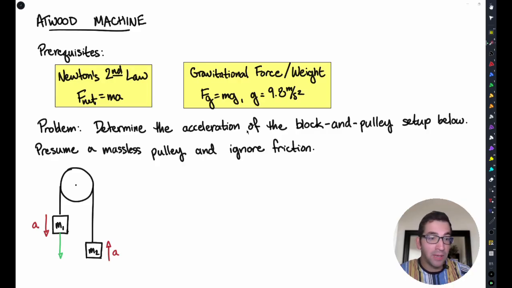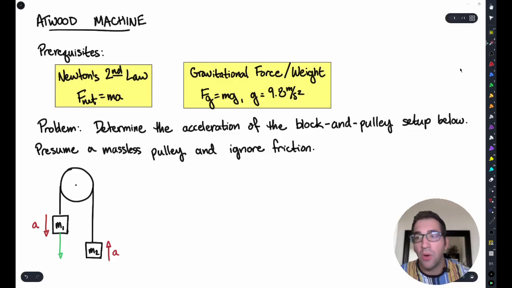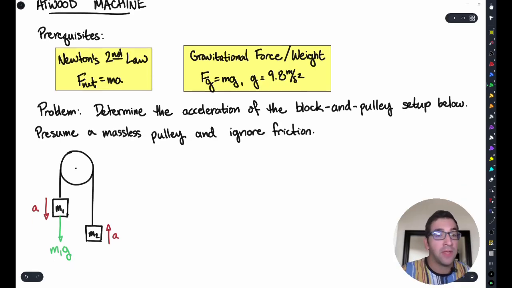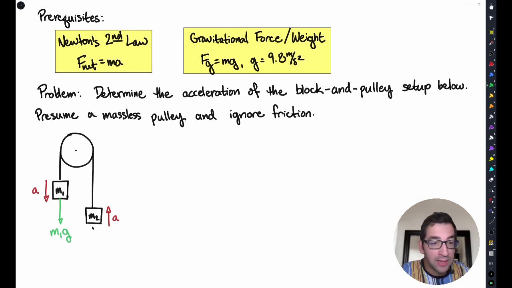But the mass here in this case is m1. So I'm going to write m1 g like this to indicate that gravitational force down. The situation is exactly the same for the other block, so I'm going to label it like this here, m2 g. And in this case, remember that we are presuming that m1 is the heavier block, so that force is going to be a little bit stronger than the one on the right.